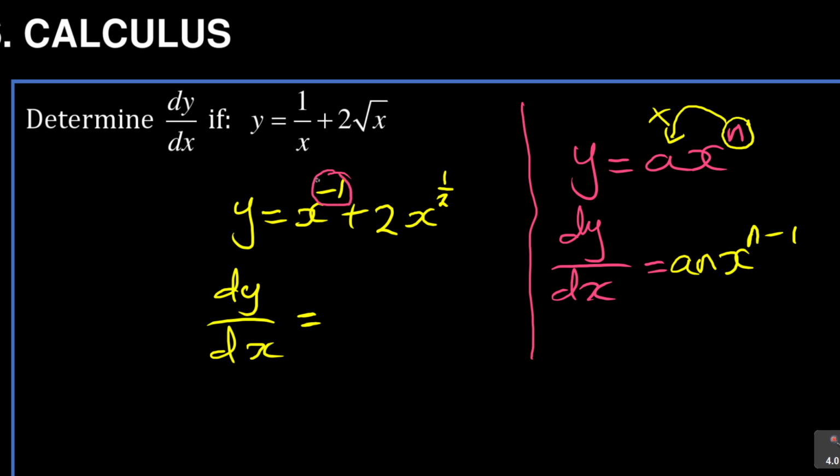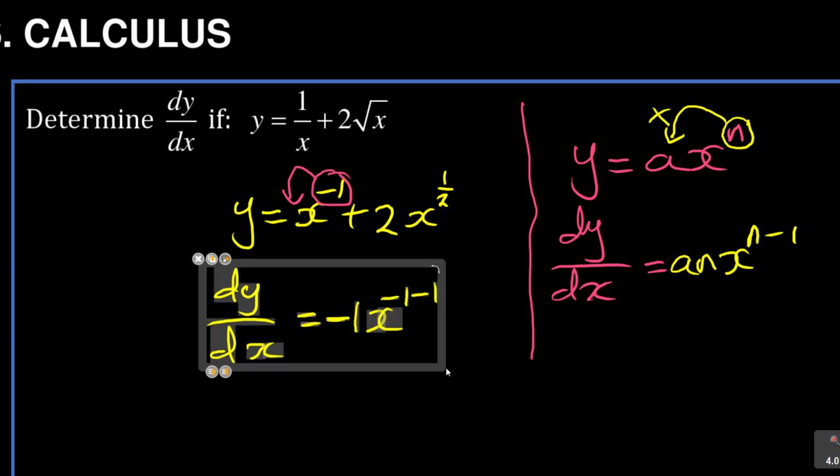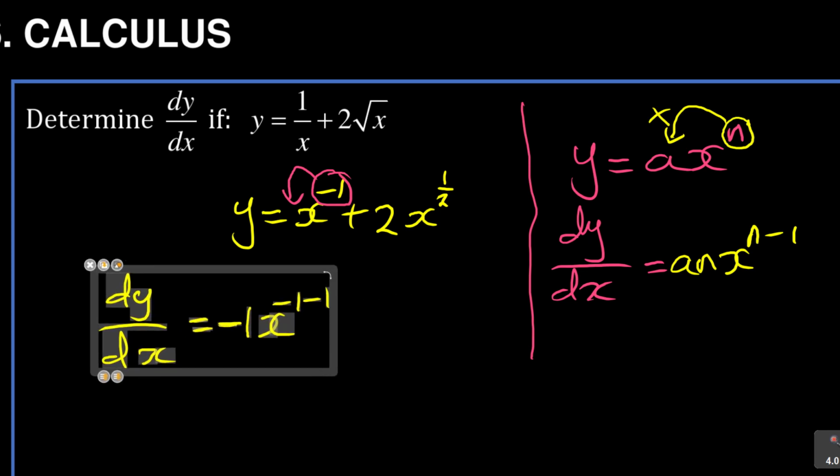So even here, when we've got this part of negative 1, what do I do? I bring it down. At this point, we'll get a negative x, then we'll have a negative 1 minus 1. You see that? And then let's continue with the next one. What about 2?